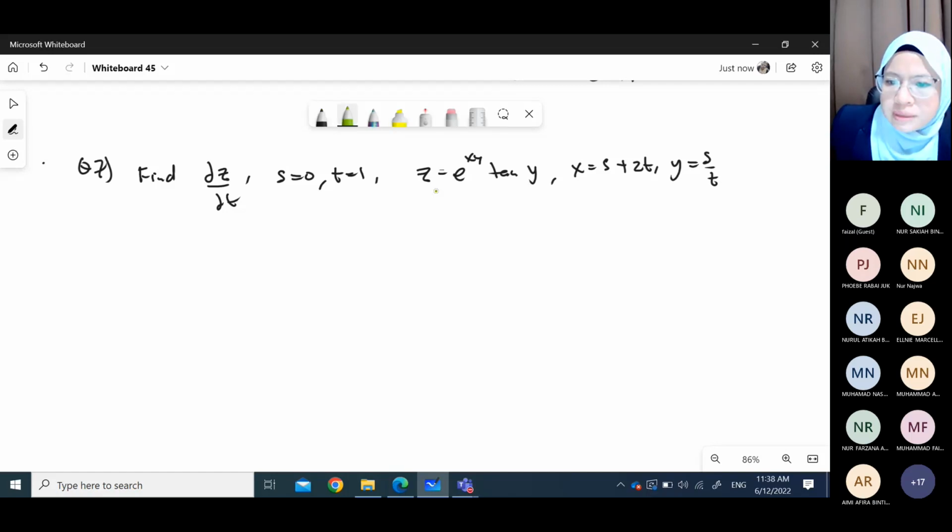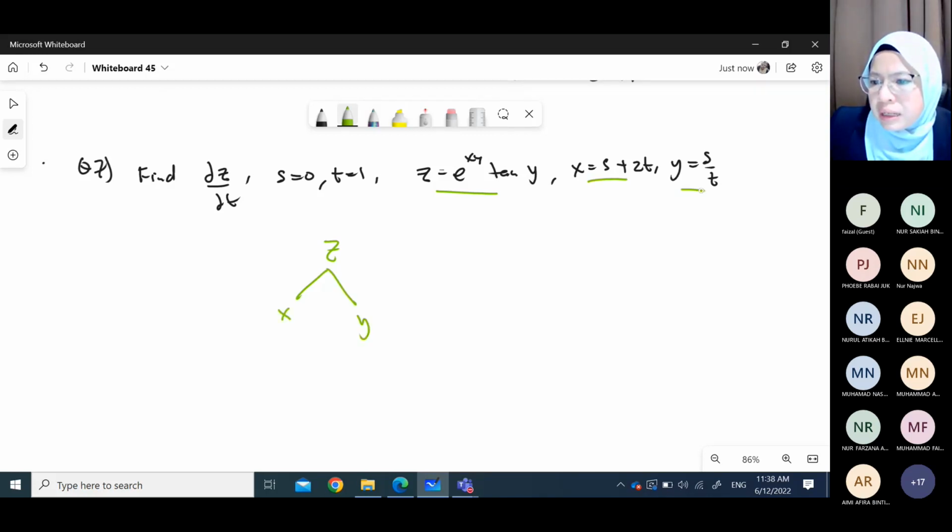So we have z, and in z we have x and y. In x and y we have another two variables, s and t. From this tree diagram, we identified that we have two independent variables, which are s and t.